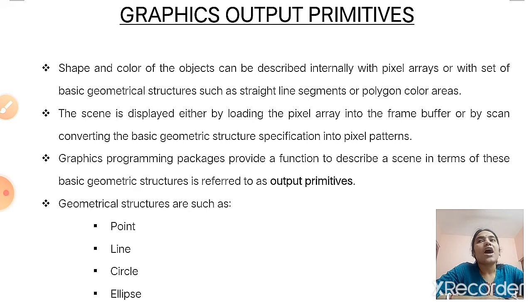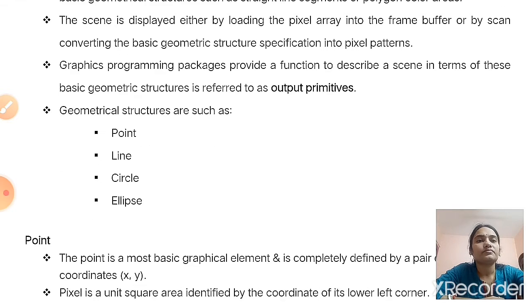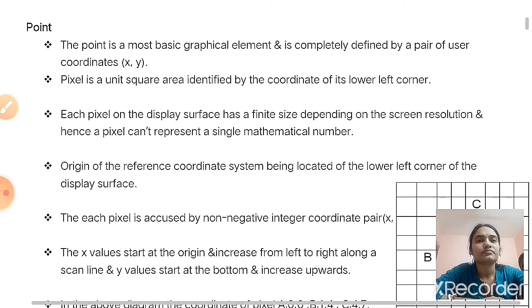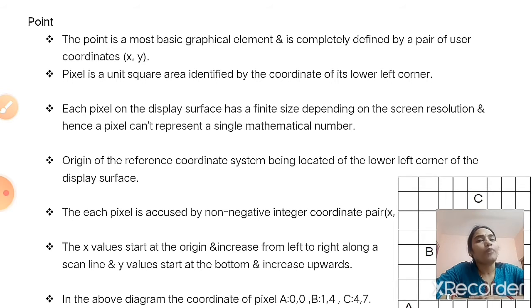Let us see how the geometrical structures are plotted on the screen. First is the point. The point is the most basic graphical element and is completely defined by a pair of user coordinates x, y.